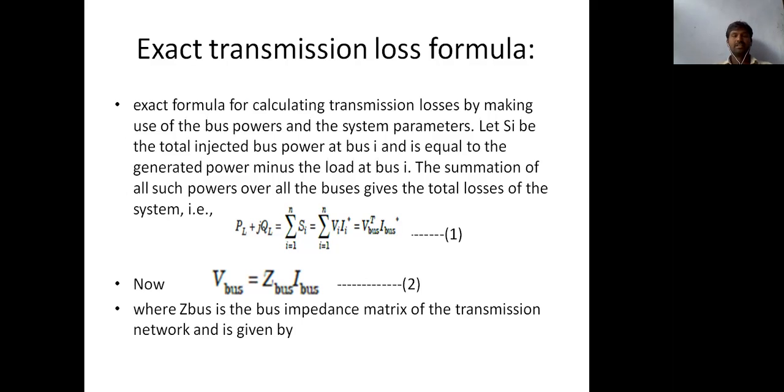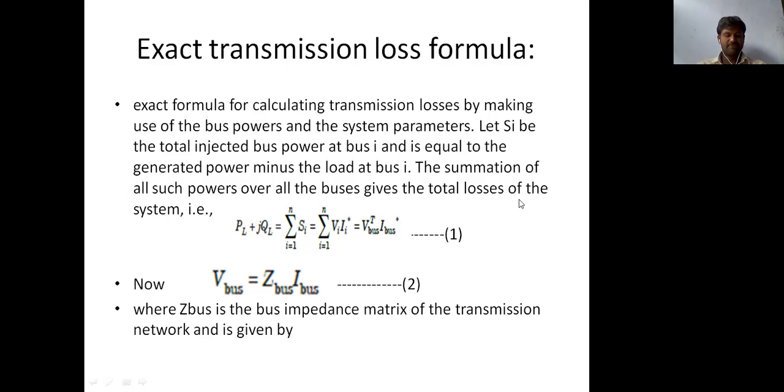We know the power equation: apparent power S equals P plus jQ, the real power and the combination of reactive power.